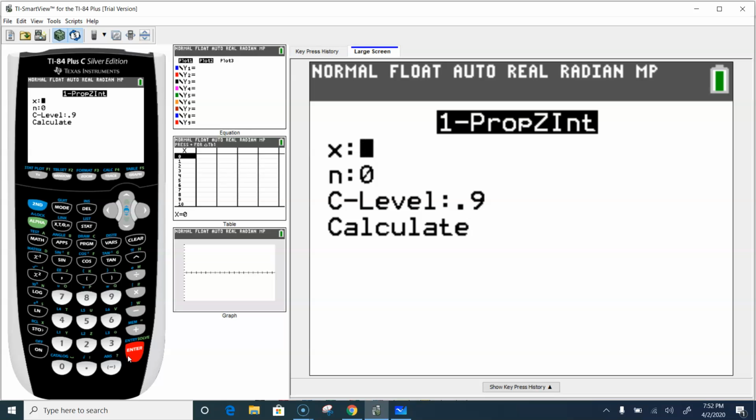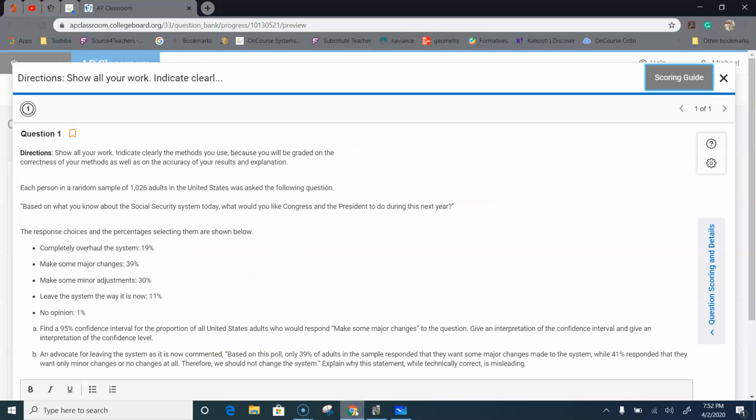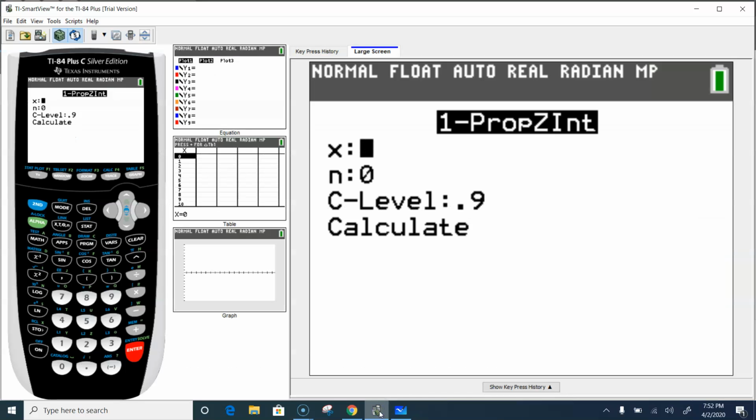So what was X? They didn't really tell me, right? They said 39%. That's not X. It's 39% of 1,026. So that's 0.39 times 1,026. Okay, so your calculator is not going to be happy with that. You're going to get an error. If you tell your calculator that 400.14 people responded in such a way, it's not going to accept that.